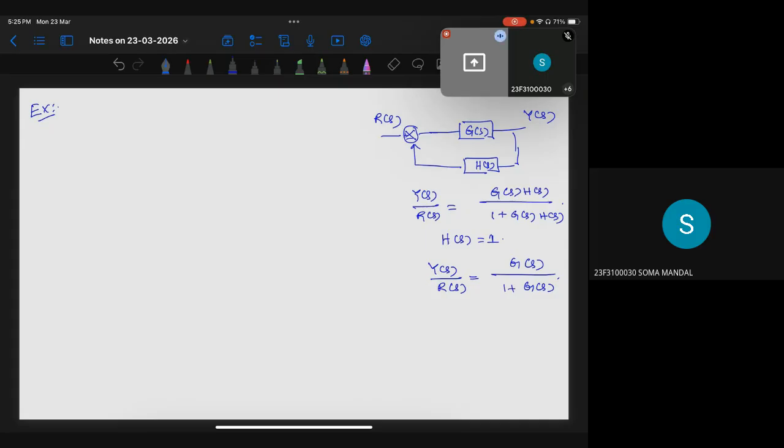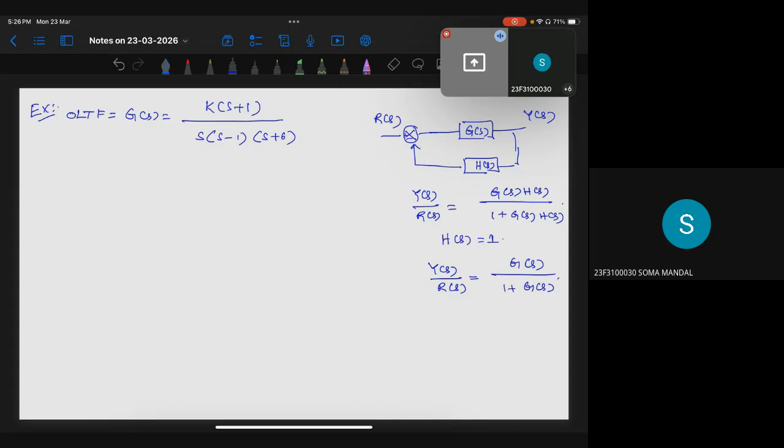Okay. So now let's say I'm giving G of s as K times (s plus 1) divided by s times (s minus 1) times (s plus 6). So basically, what is this? This G of s is nothing but the open loop transfer function.